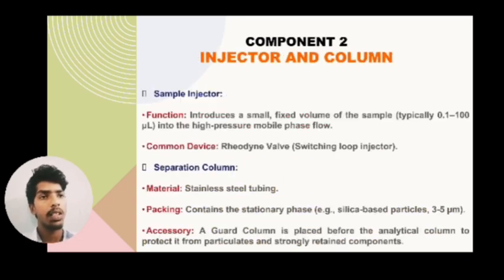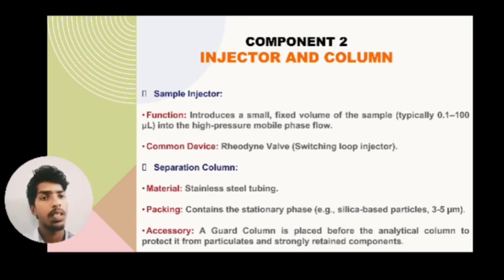Component two, injector and column. Sample injector function: introduce a small fixed volume of the sample, typically 0.1 to 1000 microliters, into the high pressure mobile phase flow. A common device is the Rheodyne valve, a switching loop injector.